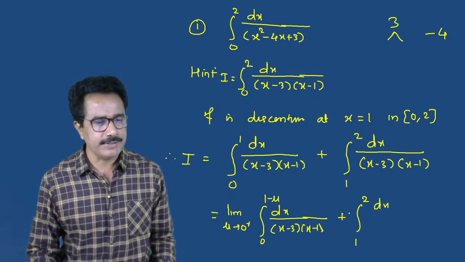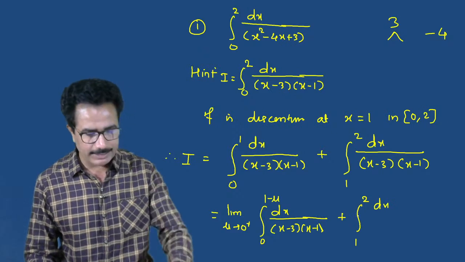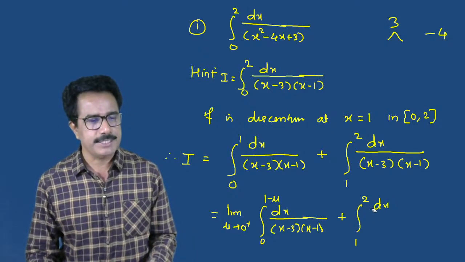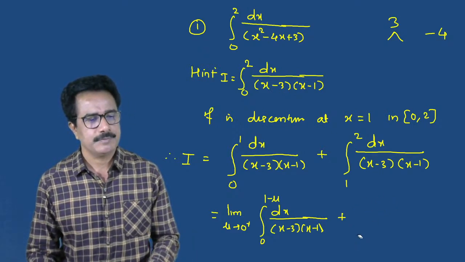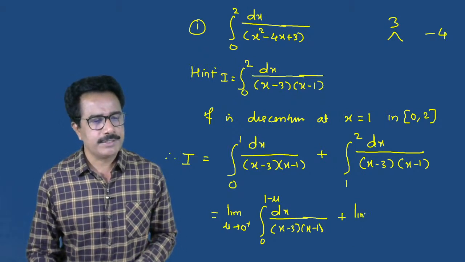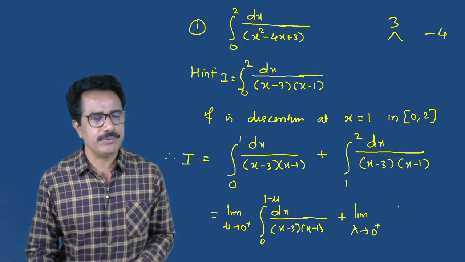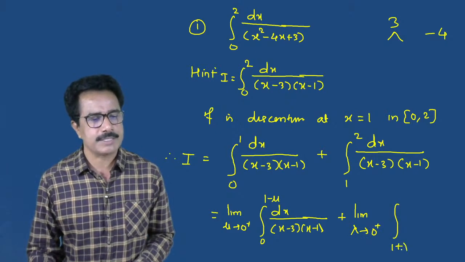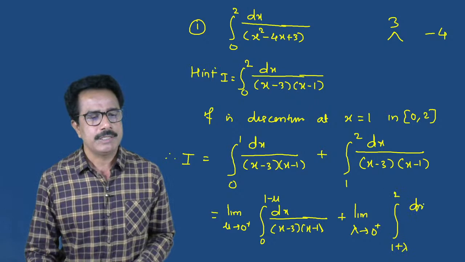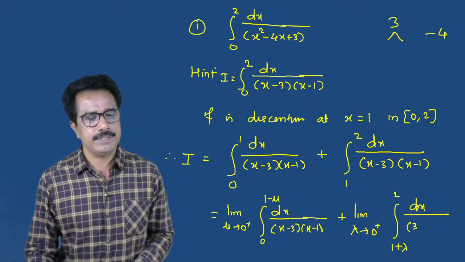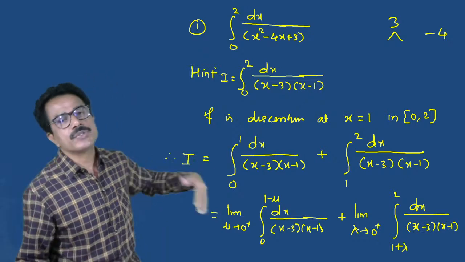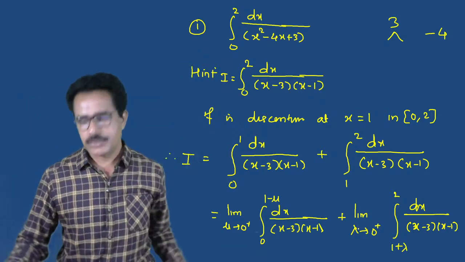Now lambda tends to, what limit do we have to take here? We have to take limit lambda. See this: limit lambda tends to 0 positive integral from 1 plus lambda to 2 dx divided by (x minus 3)(x minus 1). And so you can take the solution of this.